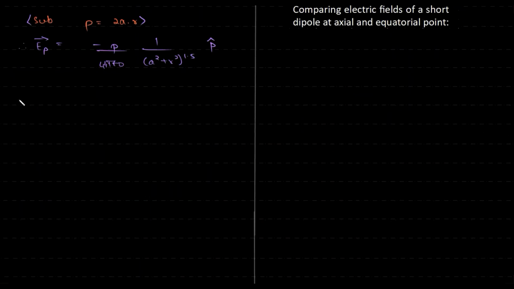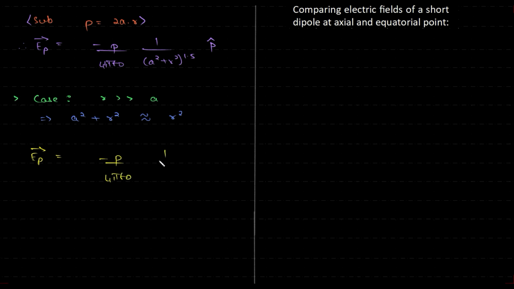And finally, let's talk about a case wherein the distance is very, very far away from the dipole in comparison to the length of the dipole itself. So what happens? From this, we can infer that A square plus R square will be approximately equal to R square. So we have minus P by 4 pi epsilon naught.